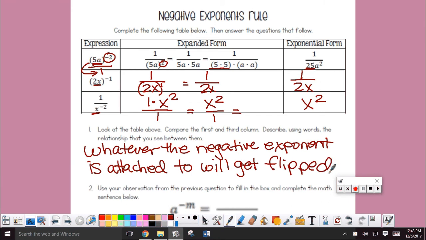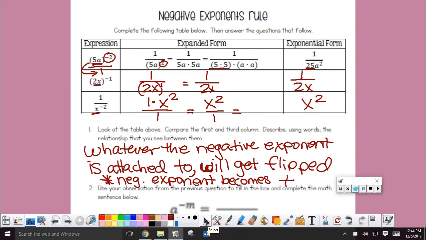Whatever the negative exponent is attached to will get flipped. And I'm going to put a little star: negative exponent becomes what? Becomes positive. I'm just going to put a plus sign for positive. Is that okay? Okay.